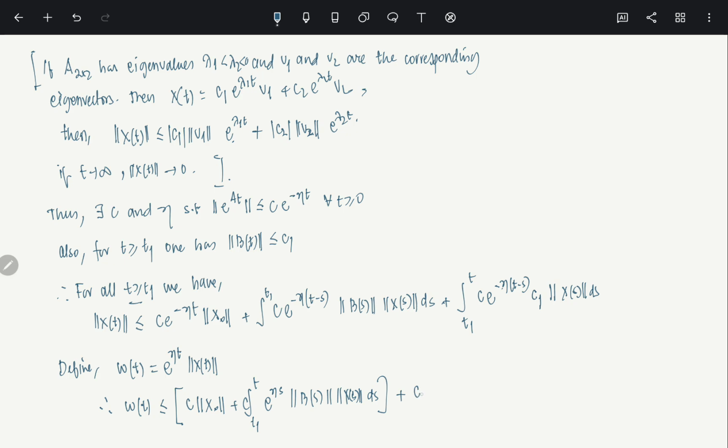c2, let's just call c2 as c1 times c2, or maybe I can, it's okay, the integral from t1 to t of e to the power eta s x of s ds, no? I am doing some mistake somewhere.